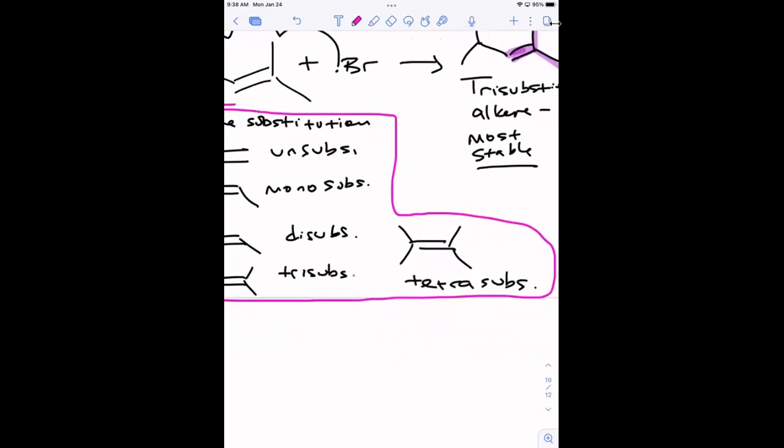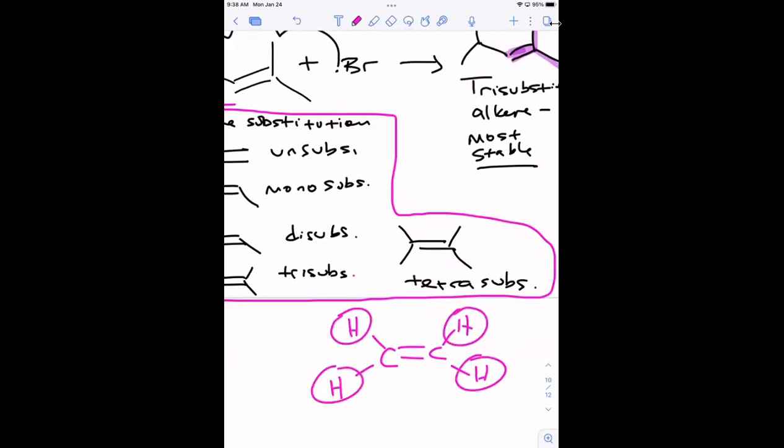Think about it, in the unsubstituted, it looks like this. So anytime I start removing hydrogens and adding in carbon, that's how I count the substituents.